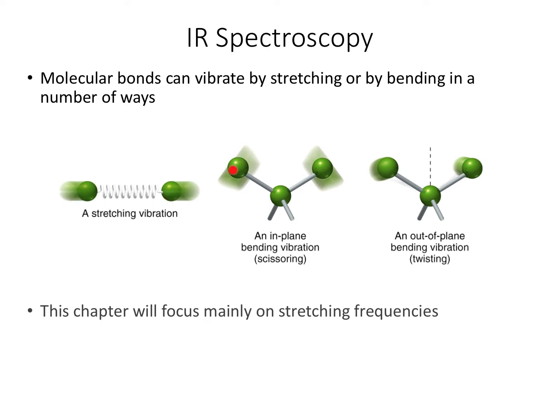We can have bending motions, and we can also have out-of-plane rotations or twistings. The signals in IR spectroscopy that we're going to be most interested in our study are these stretching vibrations. And so when we're looking at IR spectroscopy, we're seeing molecules absorb infrared radiation to increase the stretching vibrations in the molecules.